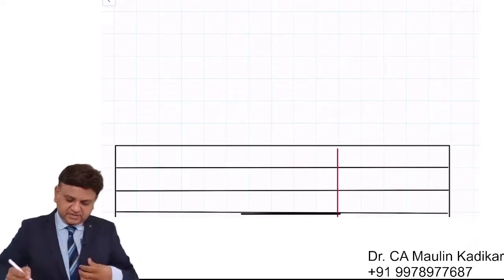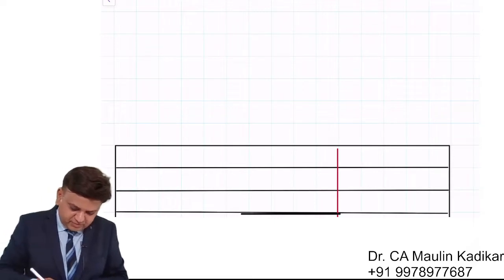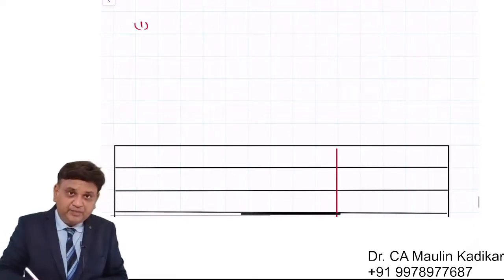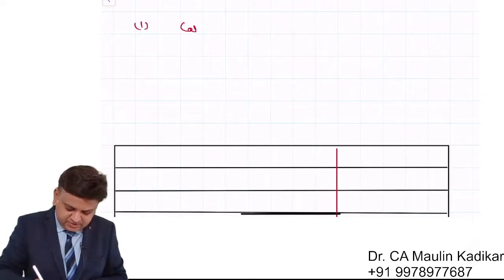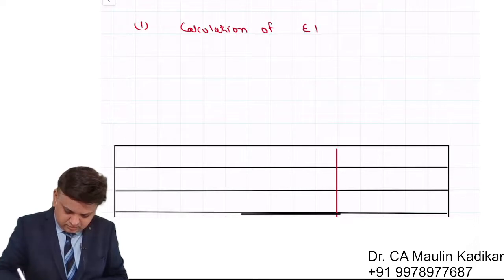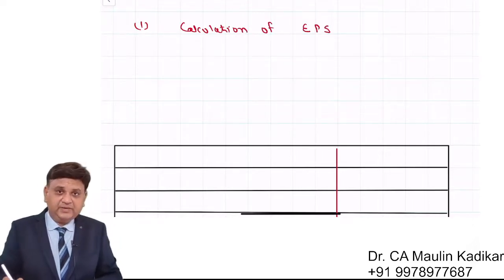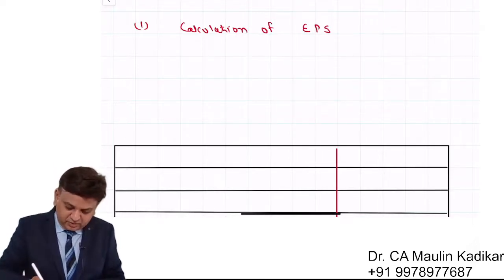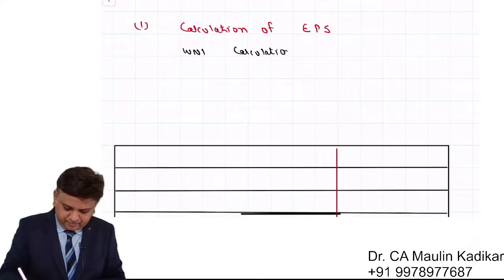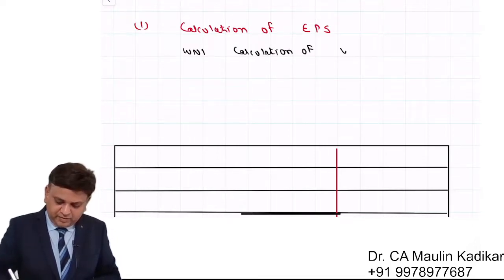So let us start with the answer. Answer of question number 1, calculation of EPS. In the breakdown, working note number 1, calculation of variable cost to sales ratio.